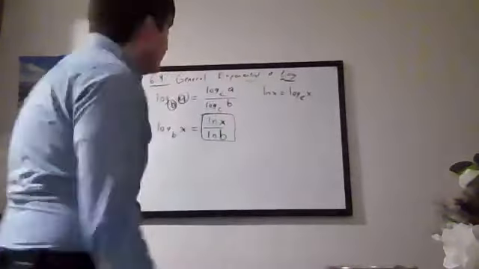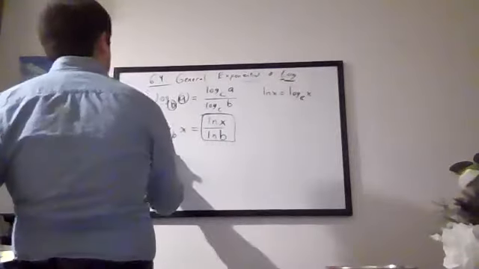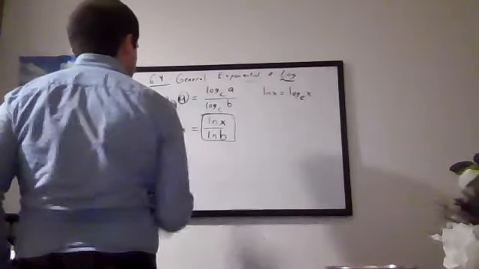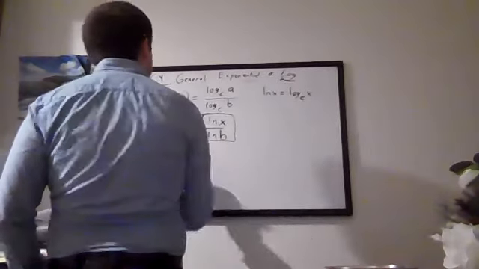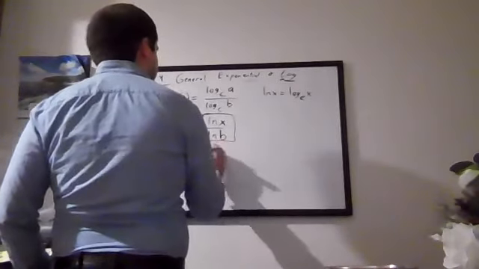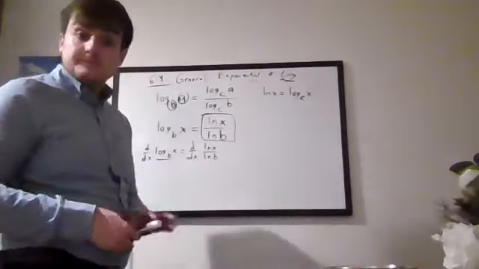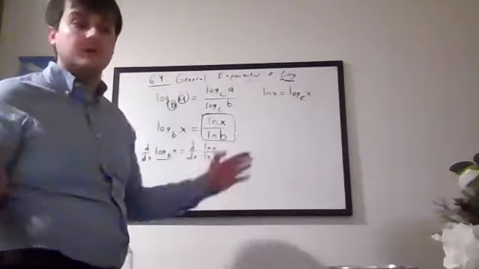Anyway, what I want to use this for now is to find the derivative of log base b of x. So, instead of doing this one directly, I'm going to rewrite it as natural log of x over natural log of b and find the derivative. Now remember, this natural log of b right here is just a constant, it's just a number.